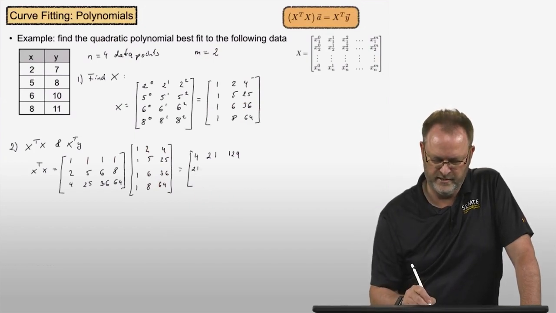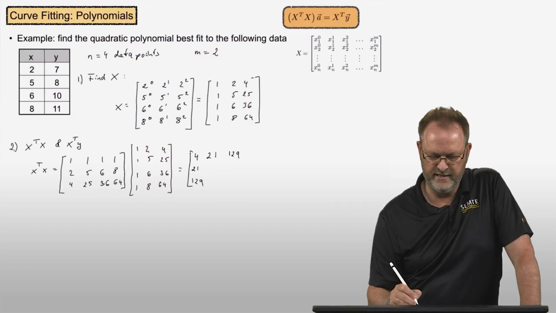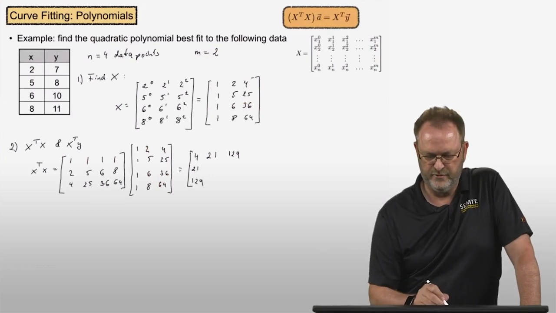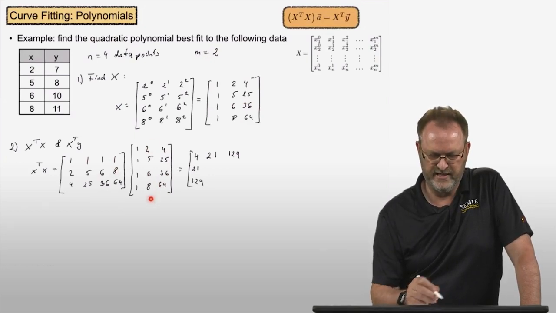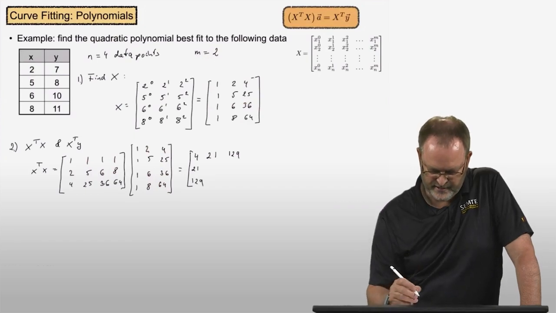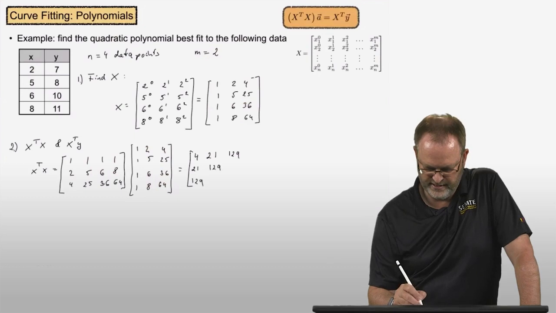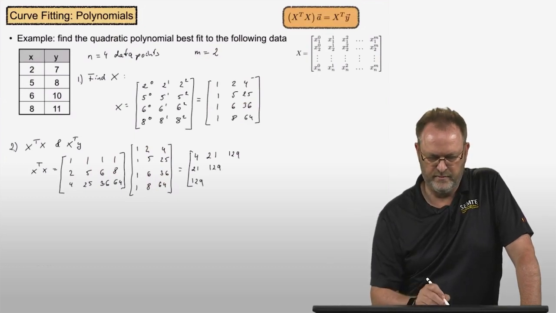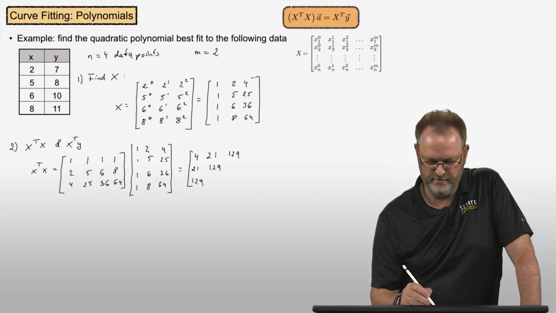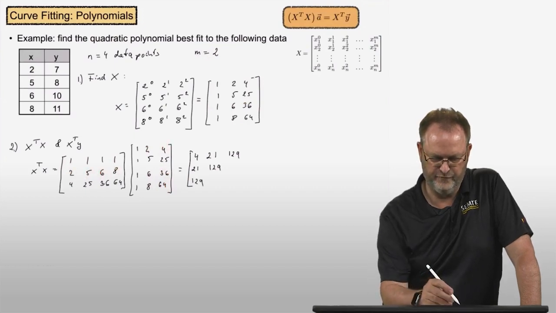So this will have to be a 21 and a 129. And now I'll have to multiply 2, 5, 6, 8 times 2, 5, 6, 8 and sum that up. That will give me, again, 129. And then I'm going to multiply 2, 5, 6, 8 with 4, 25, 36, 64.